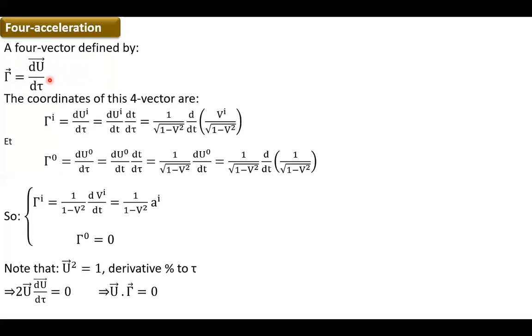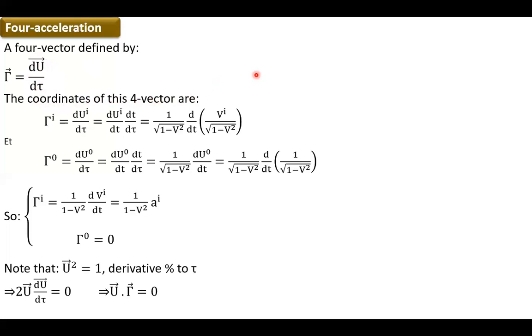So you already saw it with the 4 velocity. So it's equal to du over d tau as the derivative in a 4D space of the vector velocity with respect to the difference of tau, d tau. So it is a 4 vector.